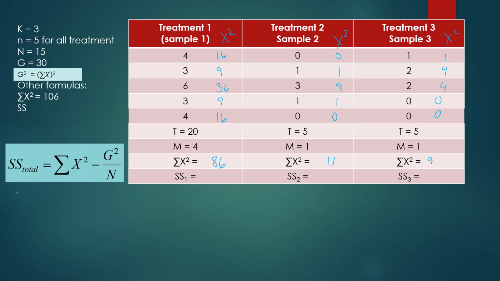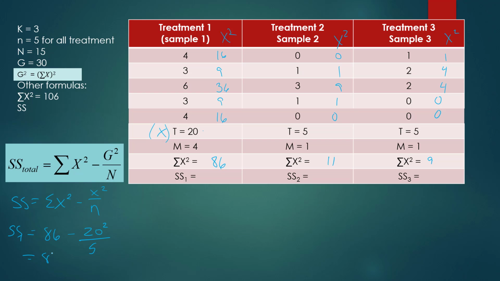So going with our normal sum of squared deviations formula, for each treatment. Remember, T is kind of like our X, right? So we're going to take the sum of X squared for sample 1, which would be 86, minus our T, which was 20, squared over 5.